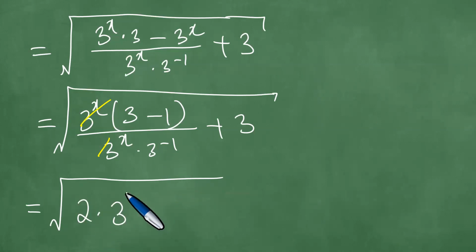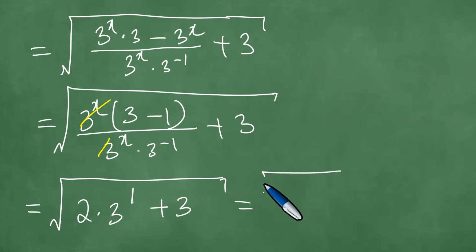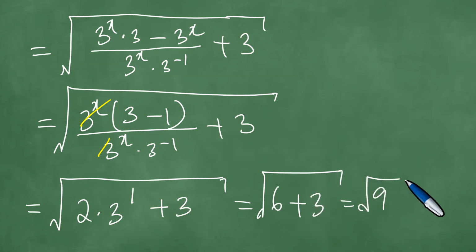The denominator becomes 3 to the power plus 1 if it moves up to the same level as the 2, plus 3. What is 2 times 3? It is 6 plus 3. What is 6 plus 3? 6 plus 3 is 9. The square root of 9 is what? It's 3.